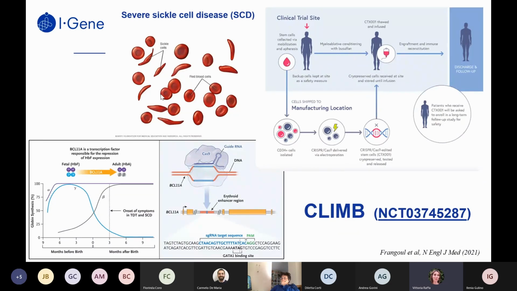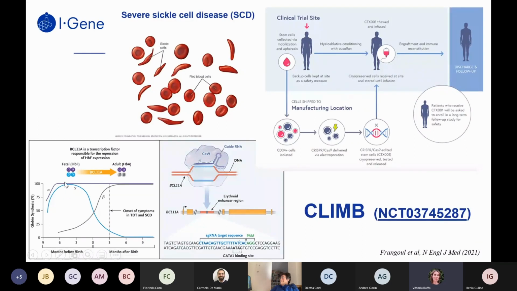How the CRISPR-Cas9 system could help? What the science knows in the field is that the humans could express two forms of hemoglobin. One is a fetal form, and one is the adult form. So we possess just the adult form because the fetal form is not anymore expressed after the birth.